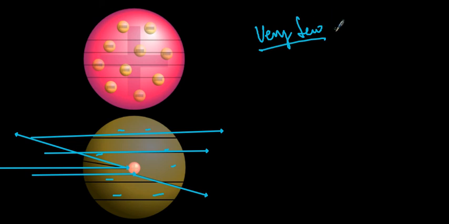alpha particles that were colliding or veering off far from their original path meant that the nucleus was very small.